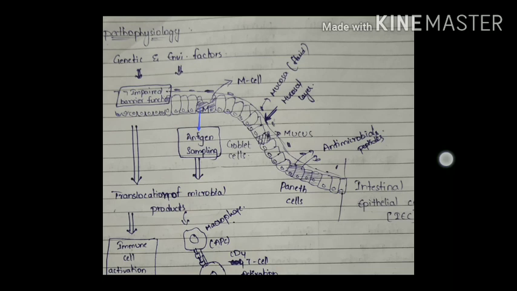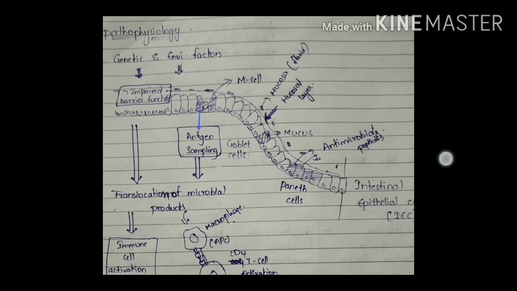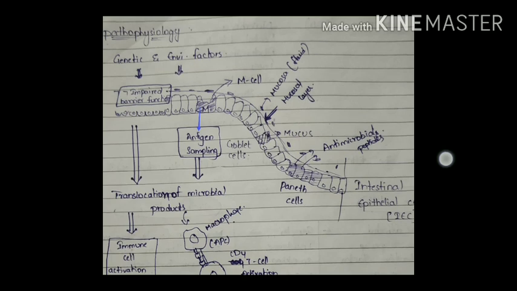This occurs mainly in the large intestine. Here we can see the impaired barrier function, which is due to these genetic and environmental factors. This impaired barrier function also leads to the translocation of the microbial products, which in turn also causes immune cell activation.